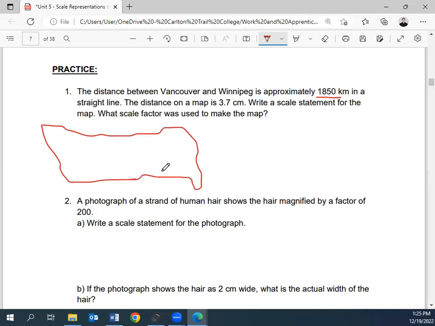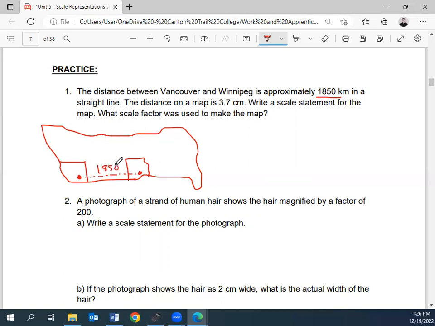Over here we have Winnipeg, and then over here we have Vancouver. The distance between these two on a straight line is that 1850 kilometers, right?